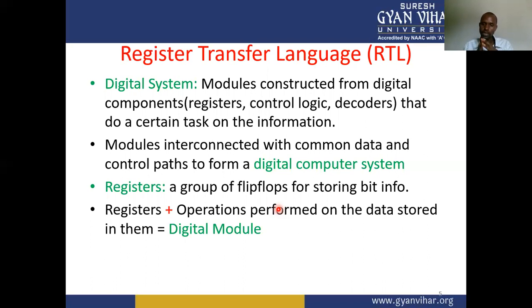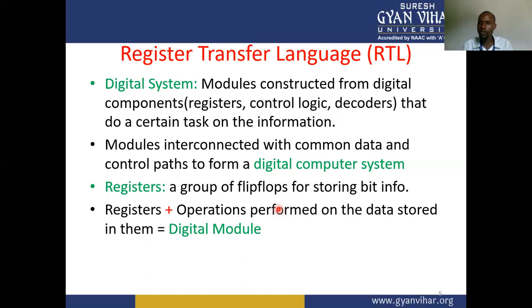From this digital computer system, we've also mentioned that we have digital components, and these basically include registers, control logic, as well as decoders. Now, what are registers? Registers are a group of flip-flops that are useful for storing bit information.